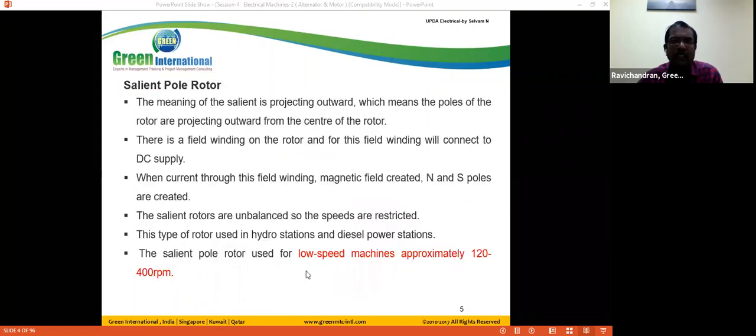Definitely they ask the question: salient pole rotor is used for low speed machines. Sometimes they ask in the question paper that salient pole rotor is used for low speed alternators. Similarly, salient pole rotors are used in hydro stations and diesel power stations.